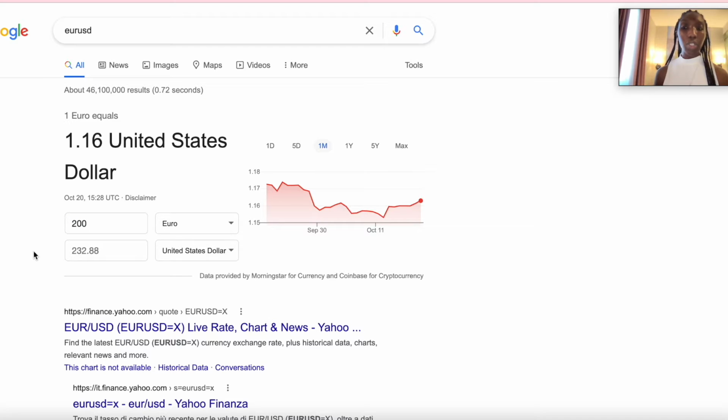If we did 200 euros, that's 232. So this is kind of letting us know, right, that we can visually see that the US dollar is stronger, right? 1 euro is $1.16 in the US. 1 US dollar is 0.86 euros, right? So this is kind of letting you know.